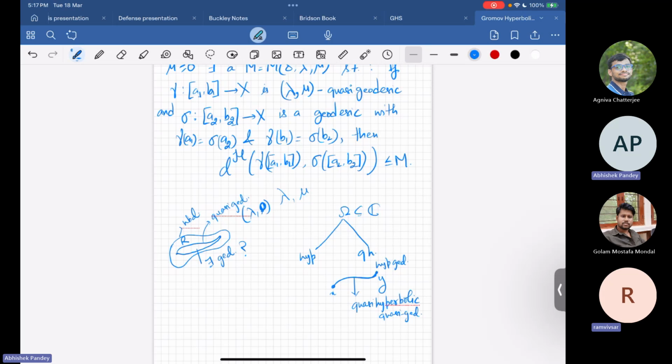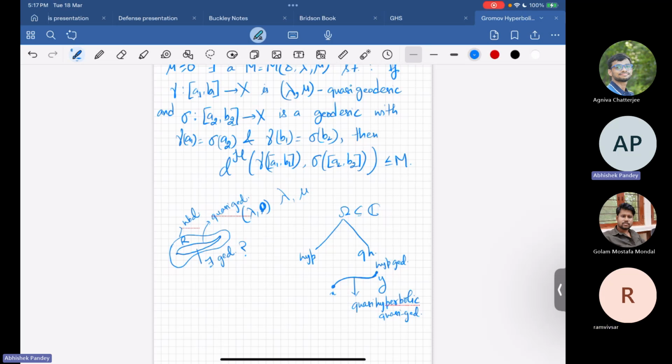I am just asking that even if I assume that mu is 0, and the model is a Poincaré ball model, then is it true that it is approximable by a geodesic? I mean, what you have just told, is that true or not? That's what I am asking.